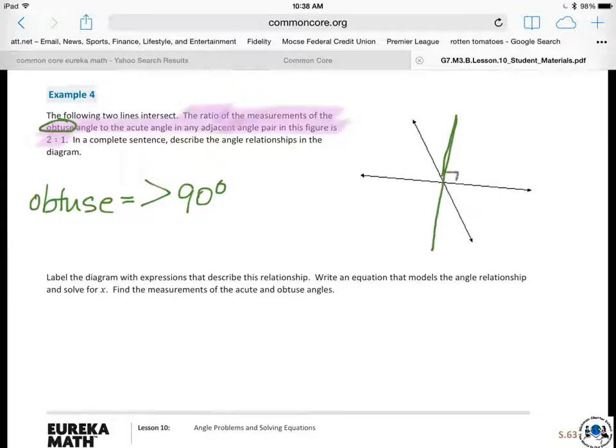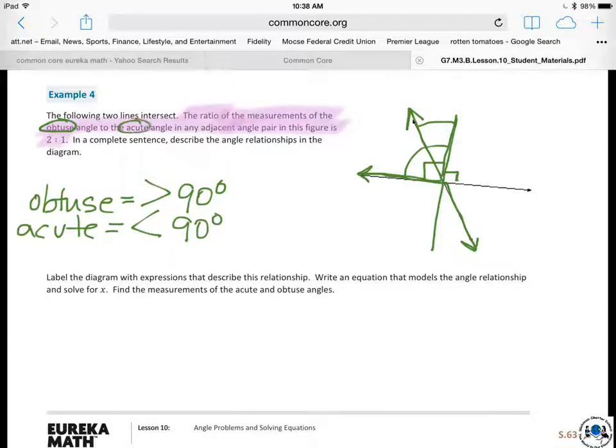Here's a 90-degree angle, and you can see that this angle here is obtuse because it is greater than 90 degrees. The acute angles are these smaller ones. You can see that this angle here is smaller than 90 degrees, so it's acute, it's less than 90 degrees, just so we know.